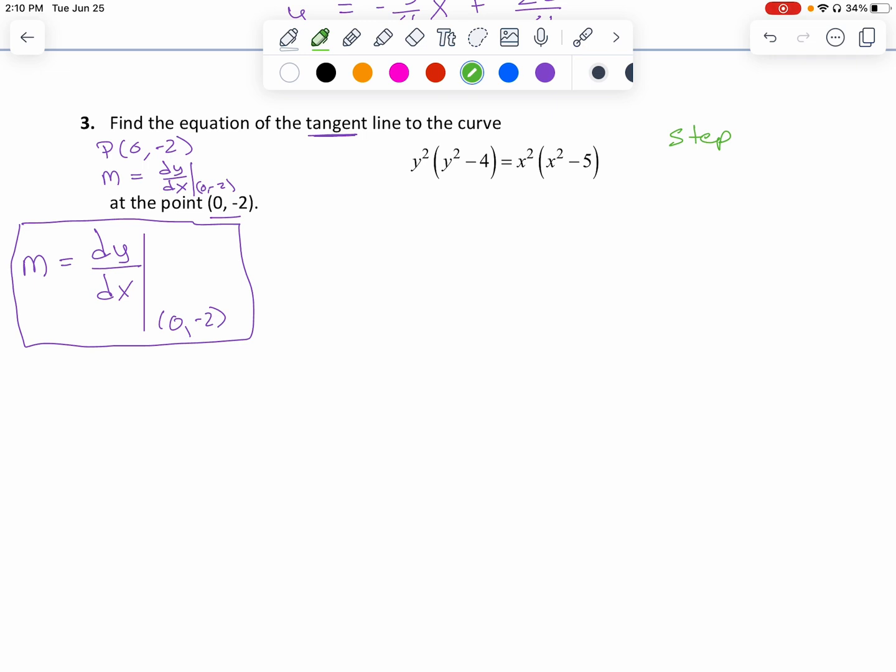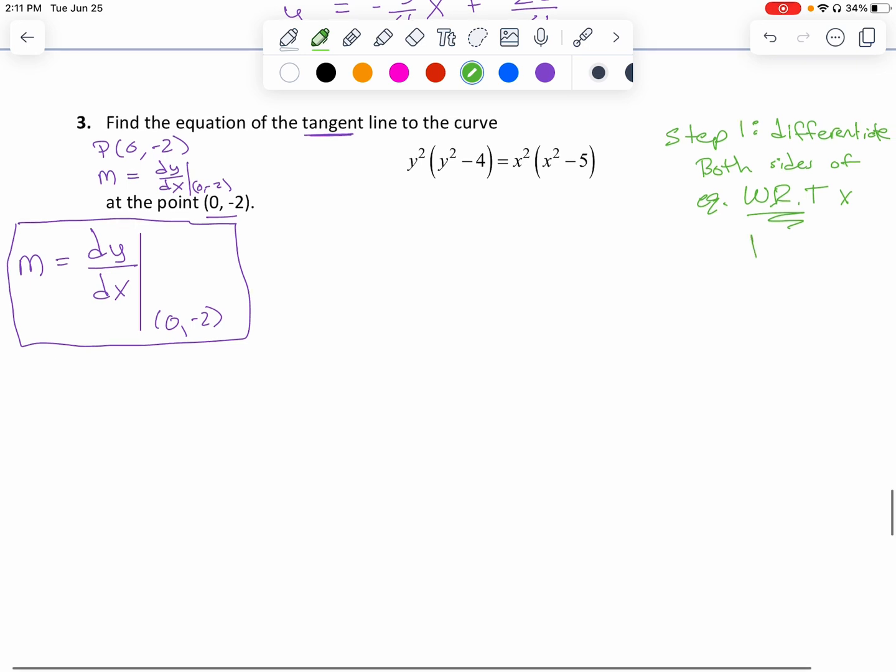Step 1 is to differentiate both sides of the equation with respect to x.